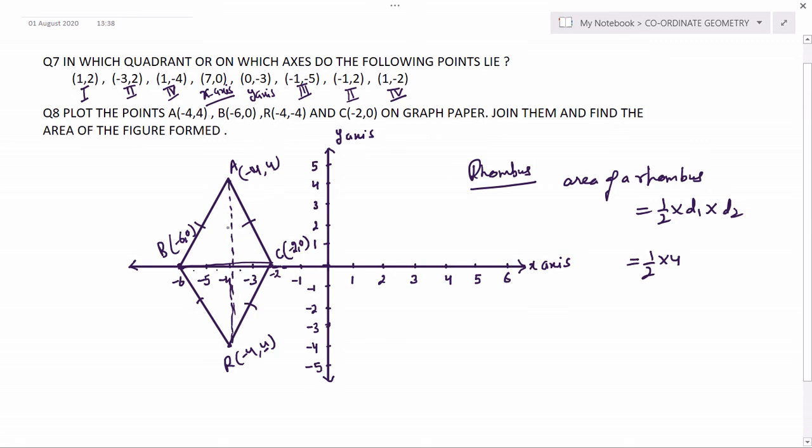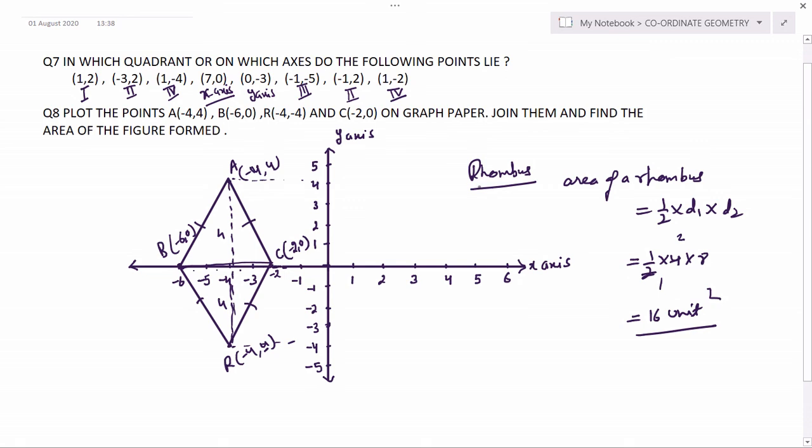What is the distance from here to here? 4 units are above the x-axis and 4 units are below it, so 4 plus 4 is 8 units. So you multiply by 8: 2 1s are 2, 2 2s are 4, 8 2s are 16 unit square. This is the area of the figure which we formed by joining the given 4 points, right?